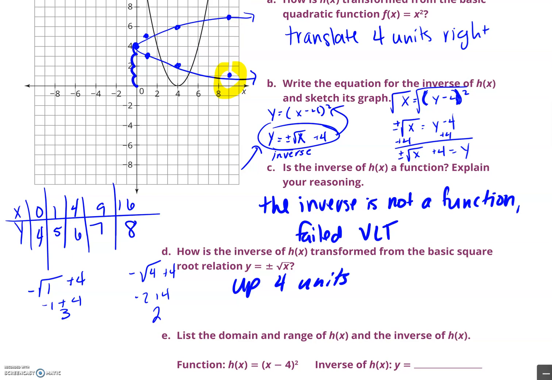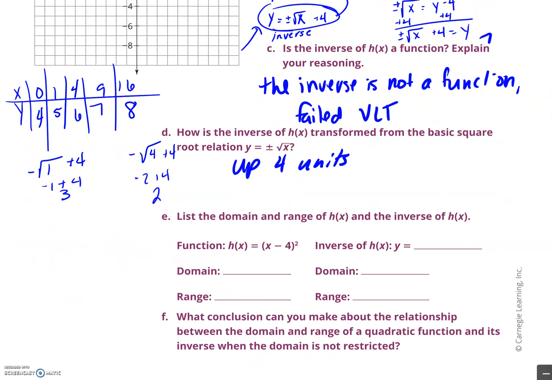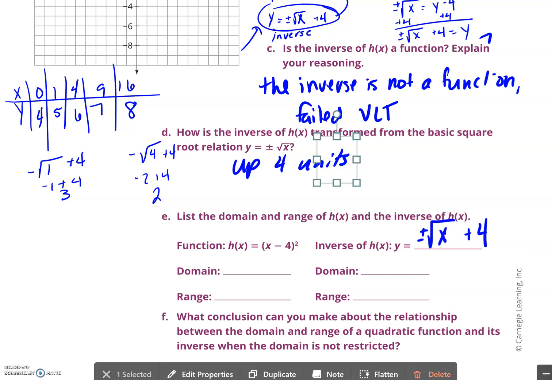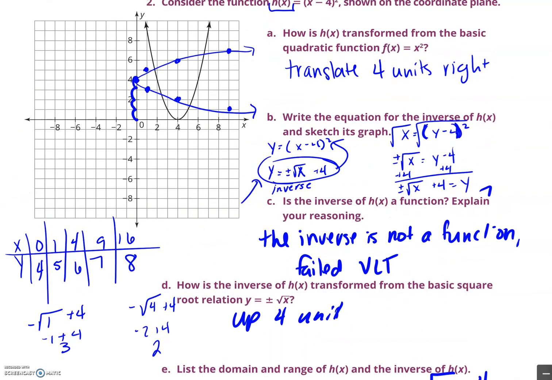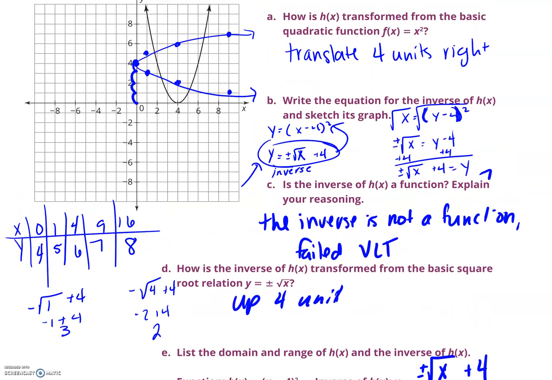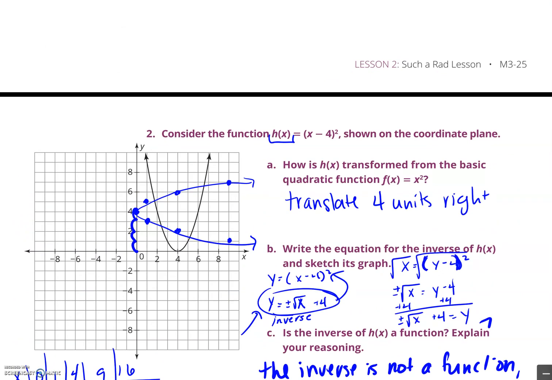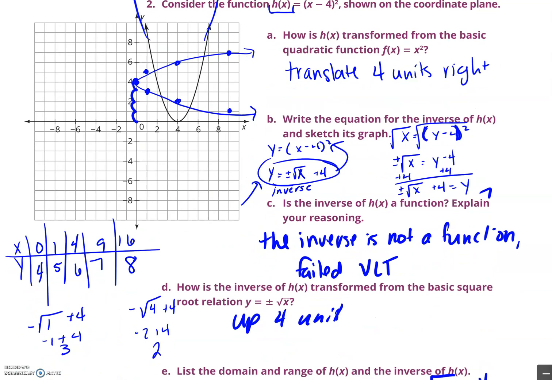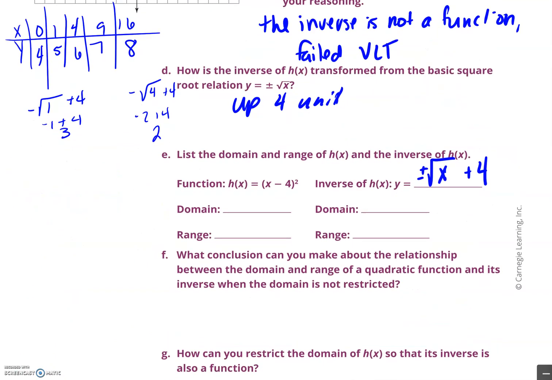All right, next, let's list the domain and the range. So our inverse is plus minus the square root of x plus 4. The domain of our parent function, if you will, would be all real numbers, because this is going to continue to go on forever and ever, and it's going to hit every x value along the way.